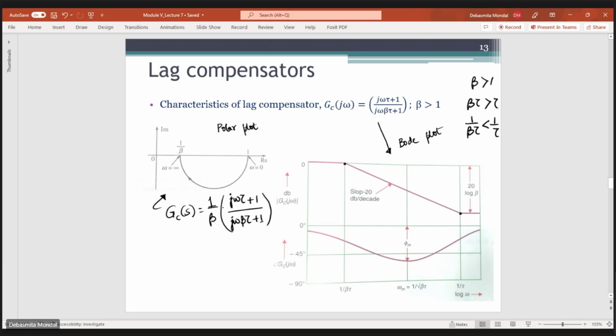So you can realize this GC by this network. Compare this network: you have 1 by beta multiplied by this term. If you simply apply a multiplicative factor of 1 by beta to this, then this GC(s) and this GC(s) will become the same, right? So we can say that the GC can be realized by the previous network.